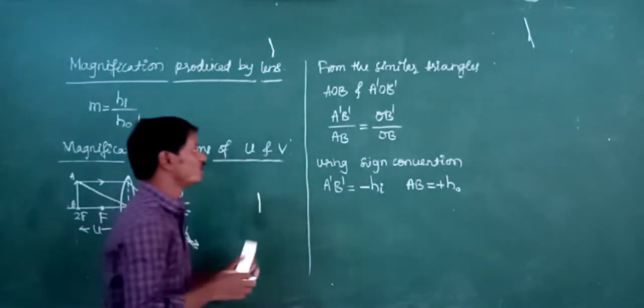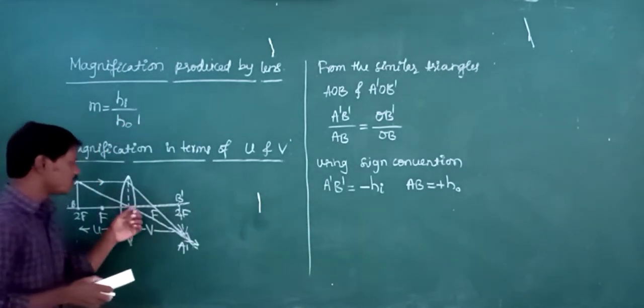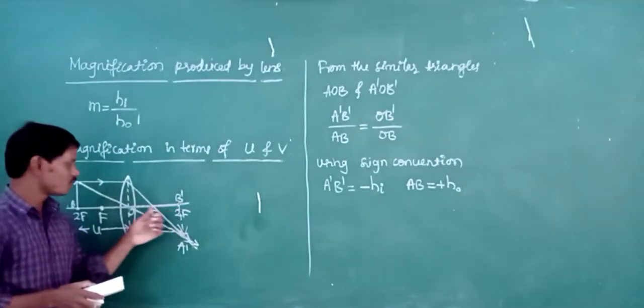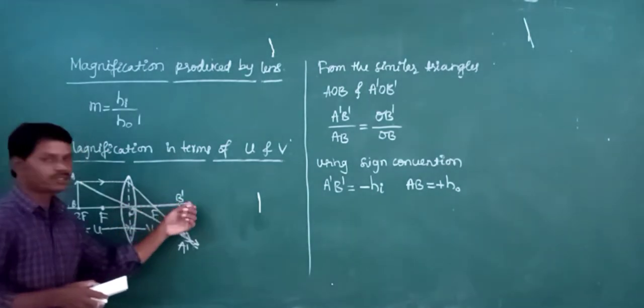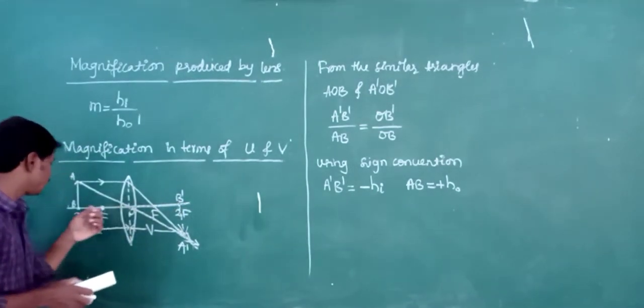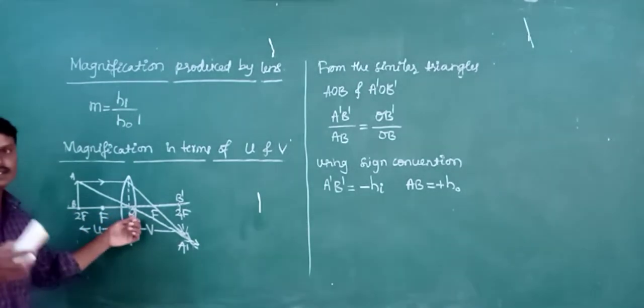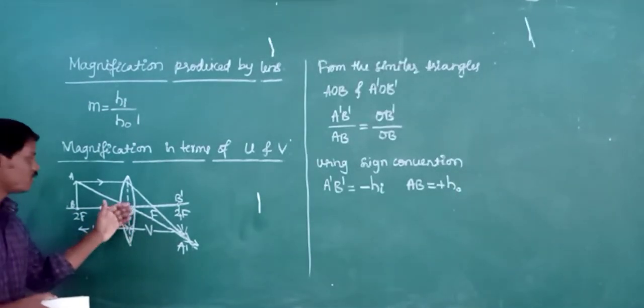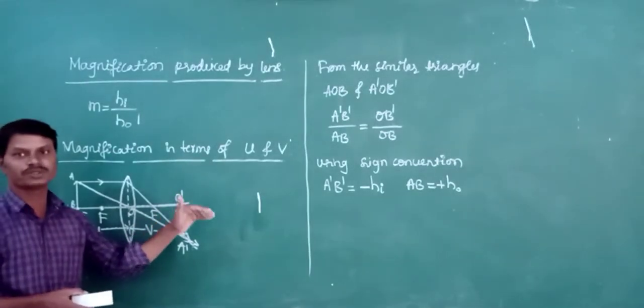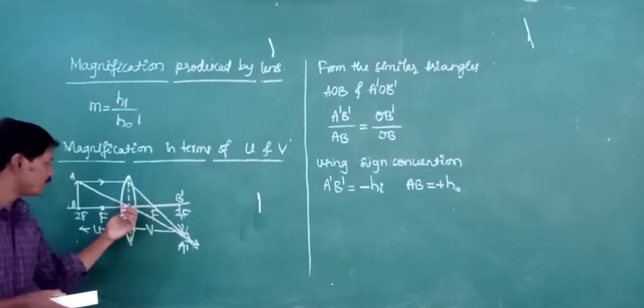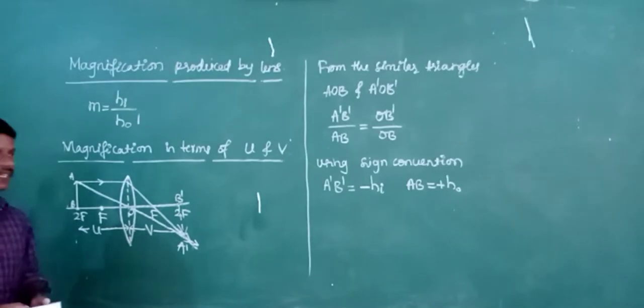Then next, what about OB'? OB' is nothing but the image distance. So the image distance is along the positive x-axis and the object distance is along the negative x-axis, because here the optical center is taken as the origin. From the origin, the right side we take as the positive x-axis and the left side as the negative x-axis.